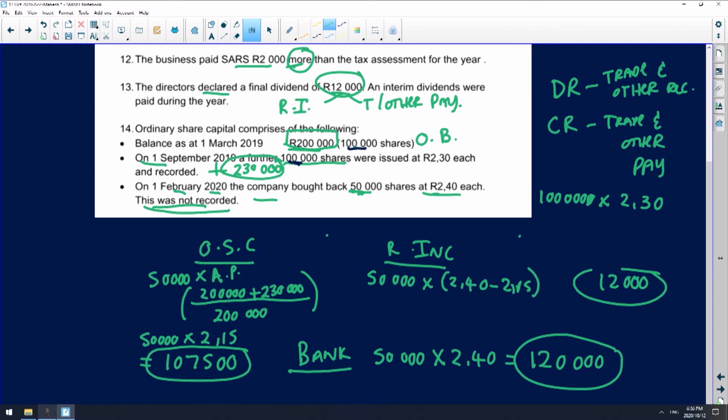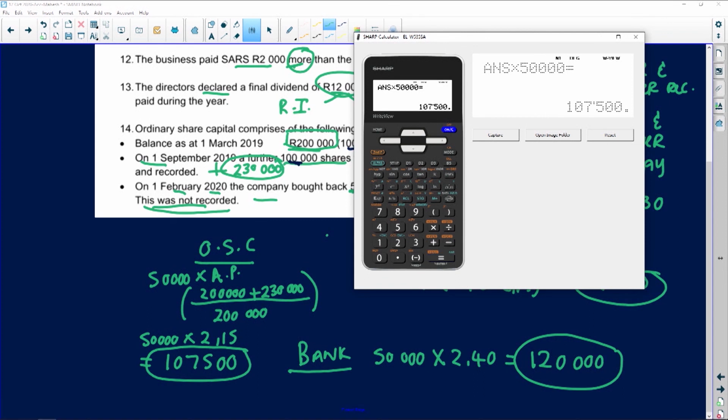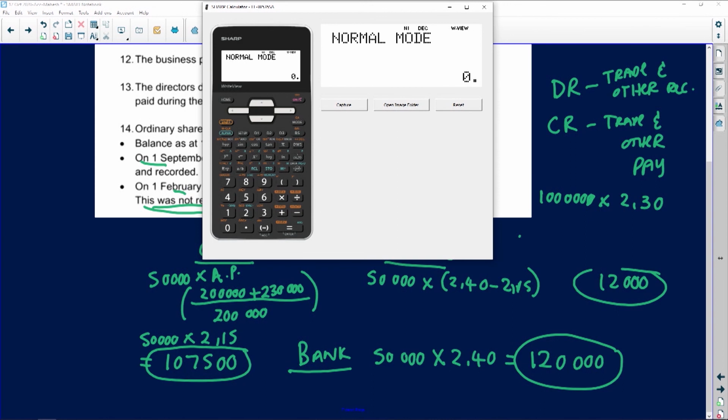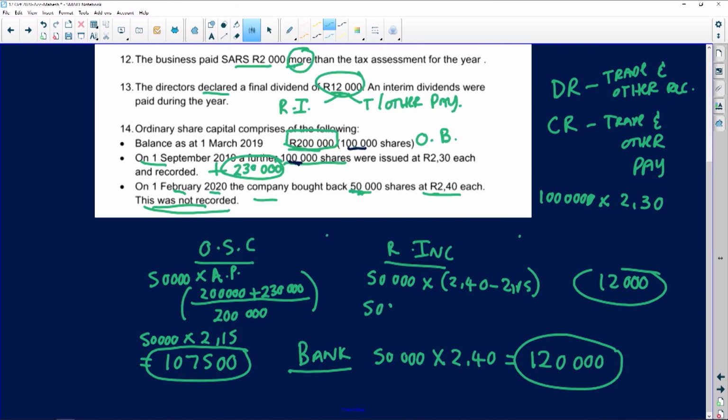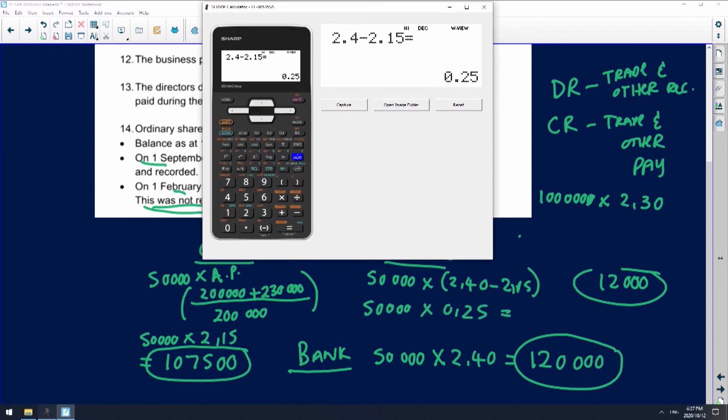Let's quickly work that out first: 2 Rand 40 minus 2 Rand 15 gives us an amount of 25 cents. So 50,000 times 0,25, let me quickly multiply that by 50,000.